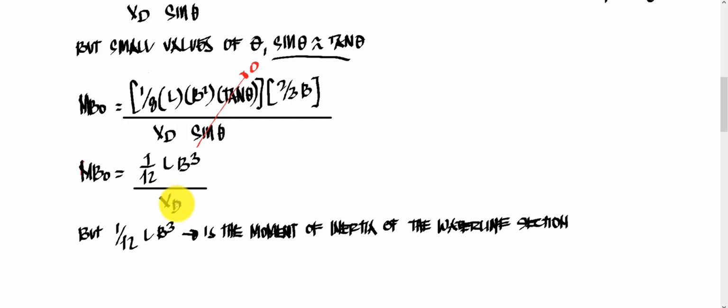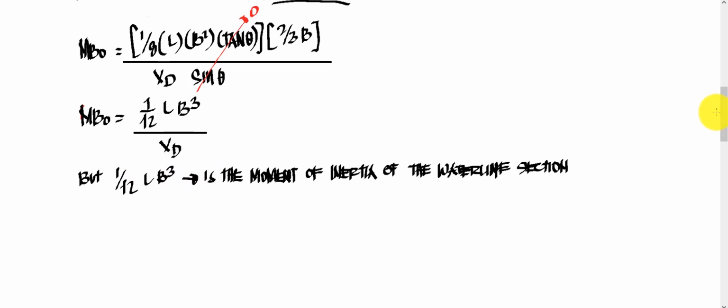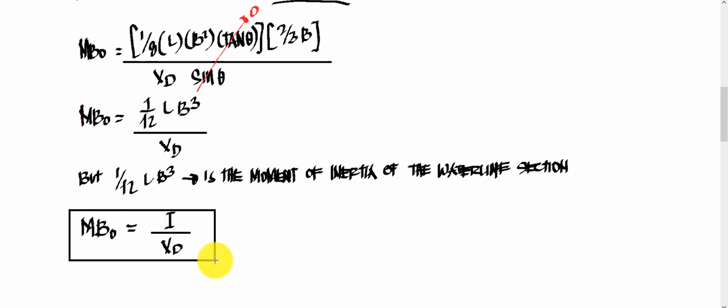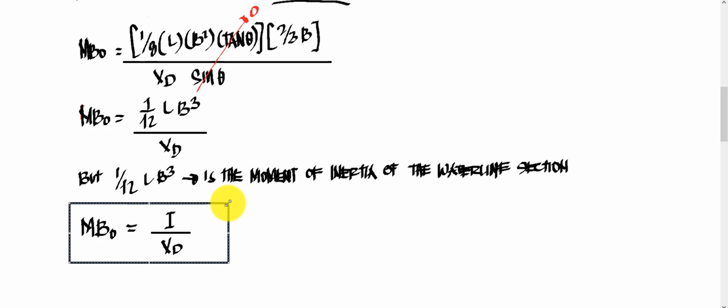So we can rewrite our equation: MBO will be equal to the moment of inertia divided by the volume displaced. Let's box this equation. This is our equation for the metacentric radius.